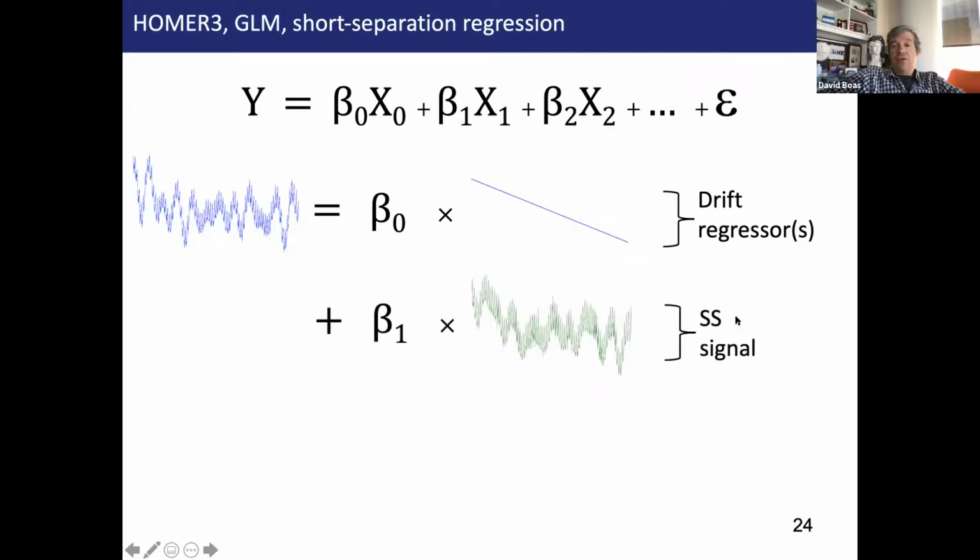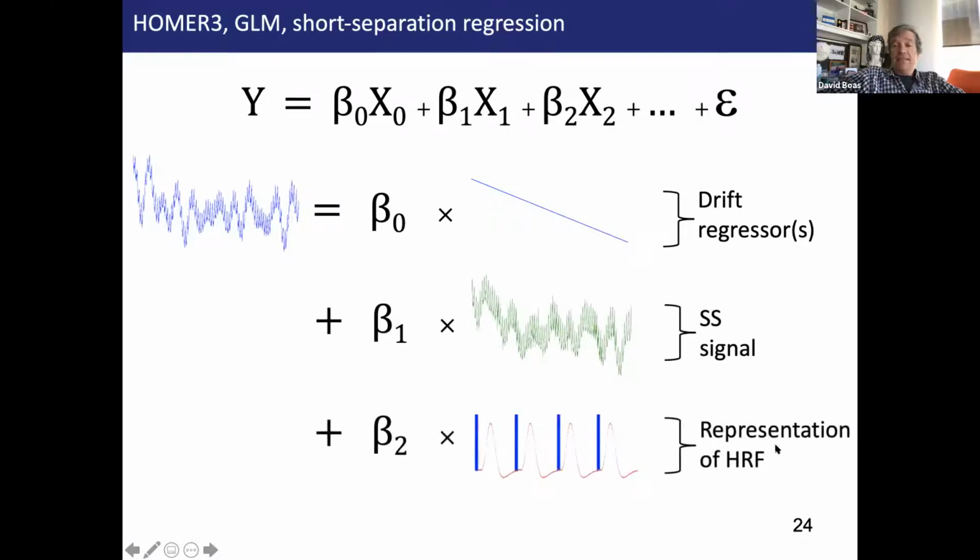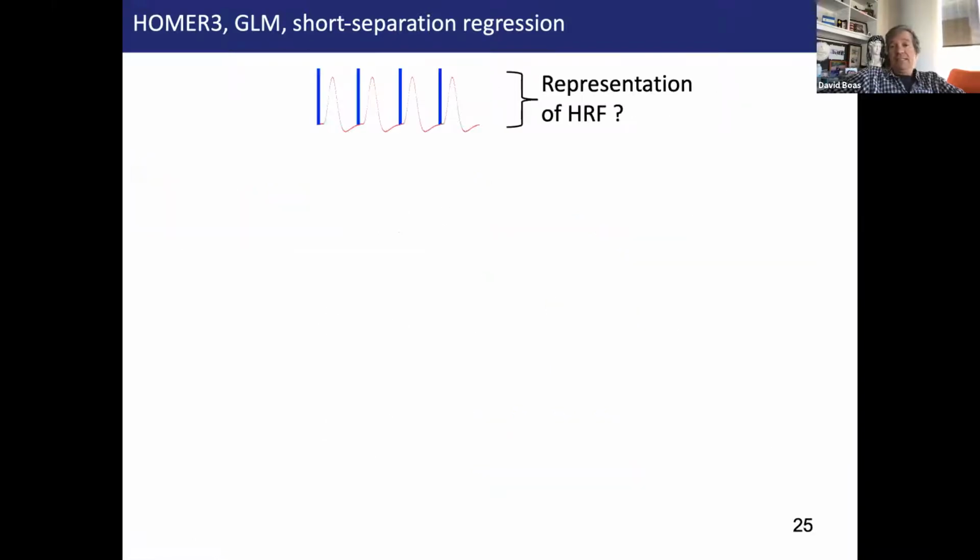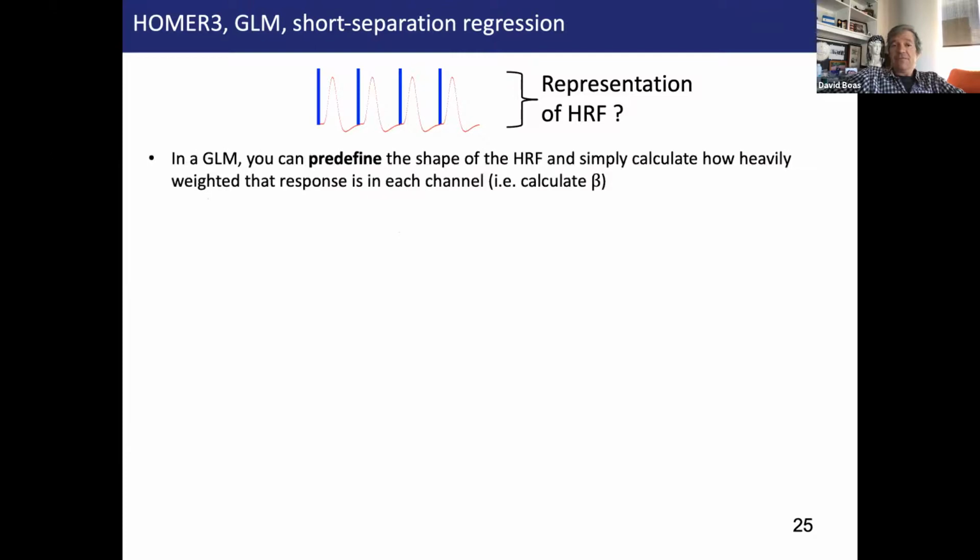We would then add our short separation signal as a regressor. And then we'd add in some representation of the hemodynamic response function. Right, so for that representation, we have the stimulus onset, and then we can have a model of the shape of the evoked response.